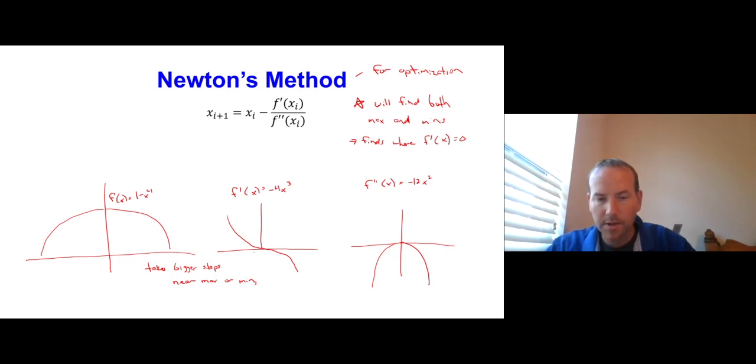So it has an advantage of being faster, but it requires f double prime. So there's more information that you need to be able to provide it, and it may diverge.